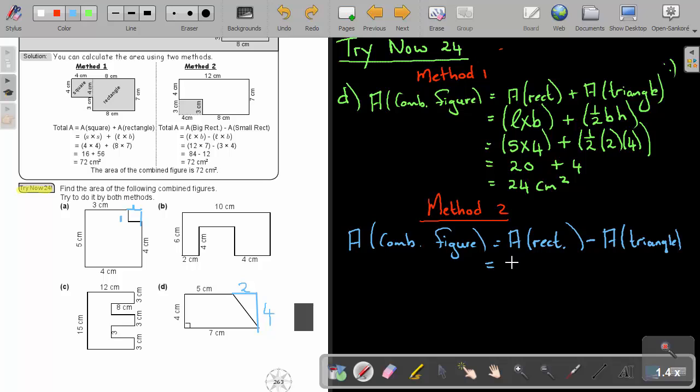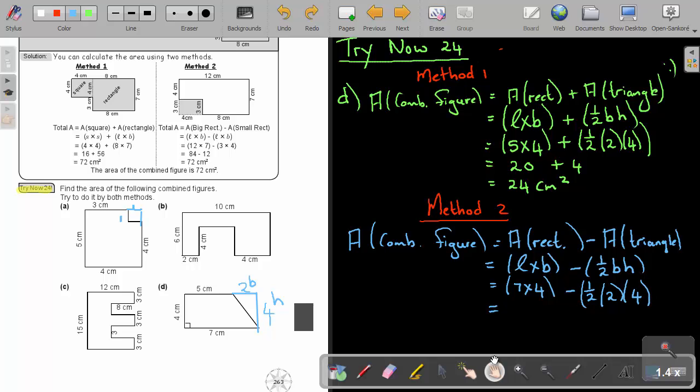Now, the area of a rectangle, remember, it's length times breadth. And the area of a triangle is half base times height. So that will be 7 times 4 minus half. Remember, this will be my base and this will be my height. So, or you can swap also. So the base will be 2 and my height will be 4.